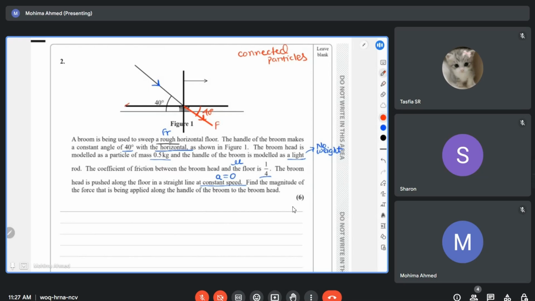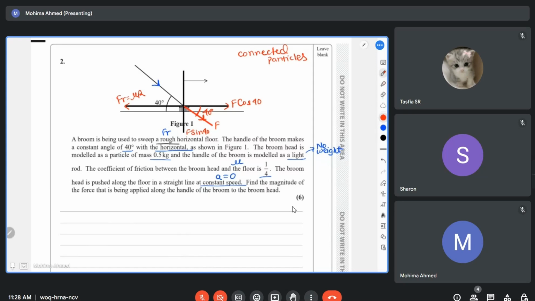You have friction over here. Friction is just mu R, right? Force F is going to be F sine 40 degrees for the vertical, and then horizontal it would be F cos 40 degrees. And for the vertically downward part, you're also going to consider the weight, which is 0.5 g, right?